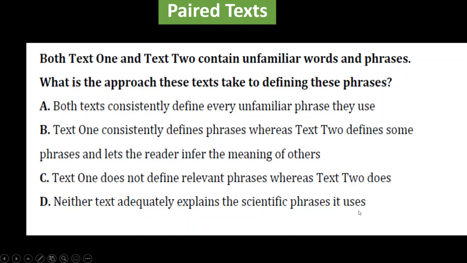Again, we need to see the two passages and see which one explains and which one does not explain, or whether none of them describes unfamiliar words, or they both define the new words. Again, it's dependent on the passage. We need to see the text in order to answer this question.